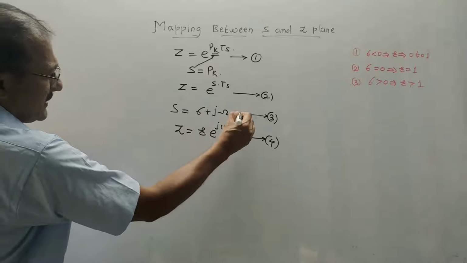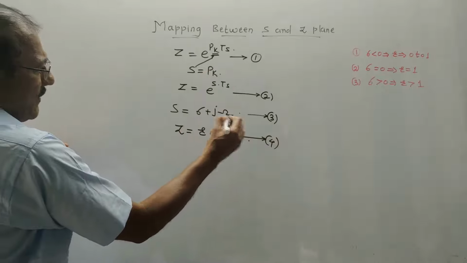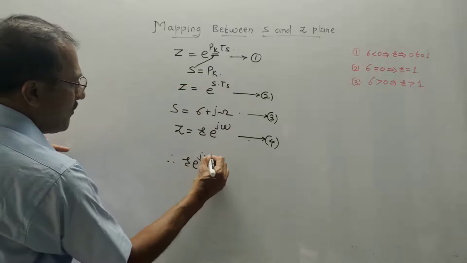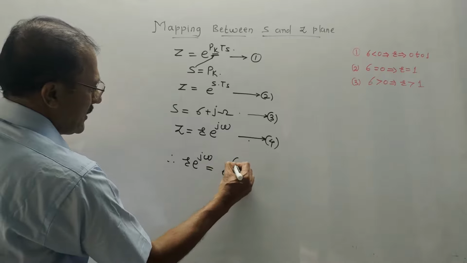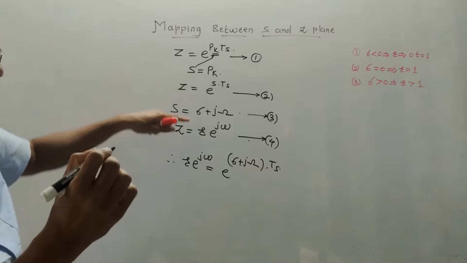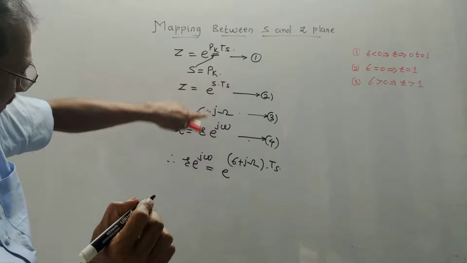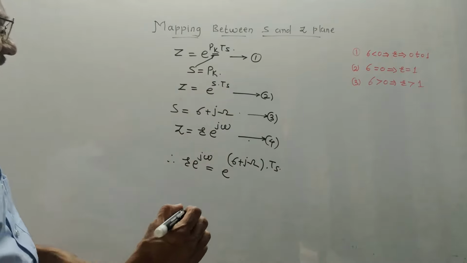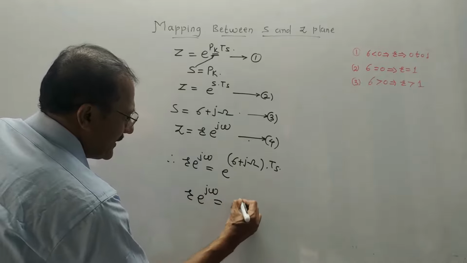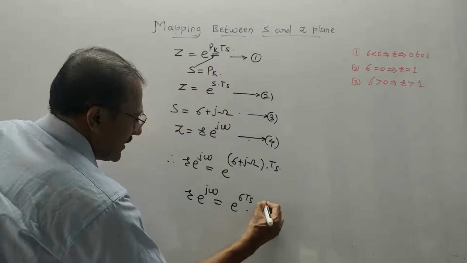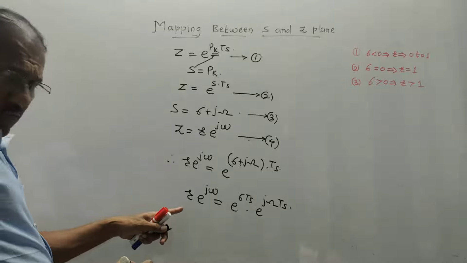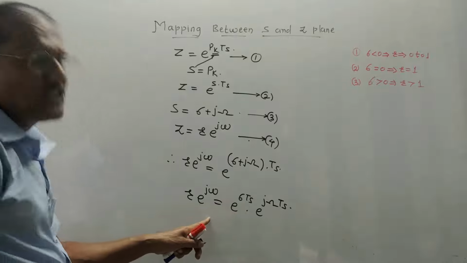Now if you put equations 3 and 4, that means we'll put value of Z and S in equation 2, I can write R e raised to j omega is equals to E raised to sigma plus j omega into Ts. What I did, put the value of S and put the value of Z in equation 2. I got this equation. So if I will further simplify it, I will get R e raised to j omega is E raised to sigma Ts into E raised to j ohm Ts. Now we will equate real parts and imaginary parts.